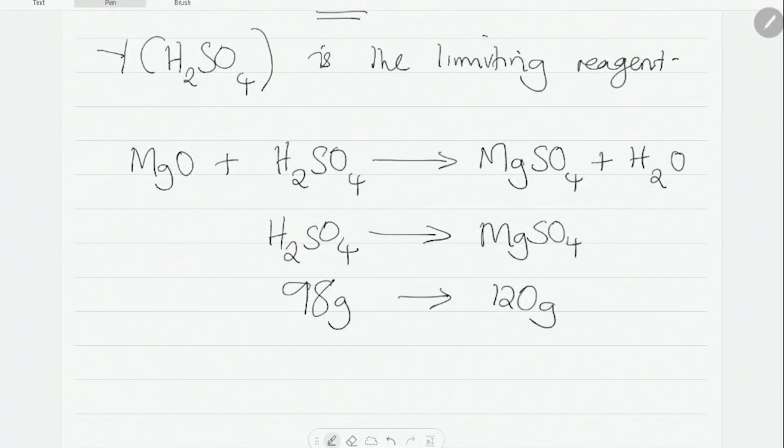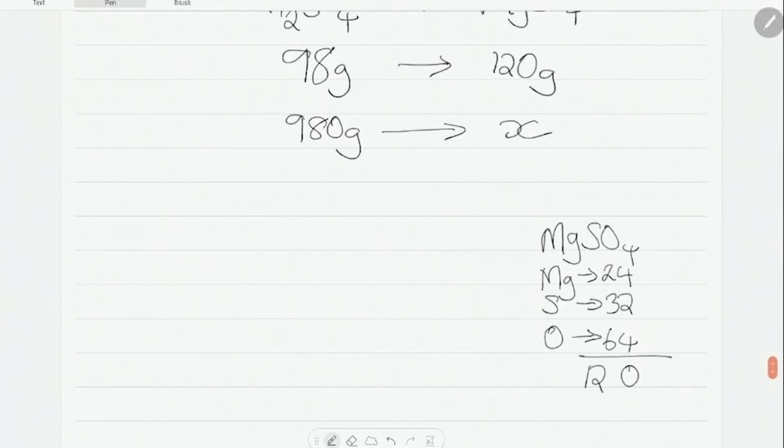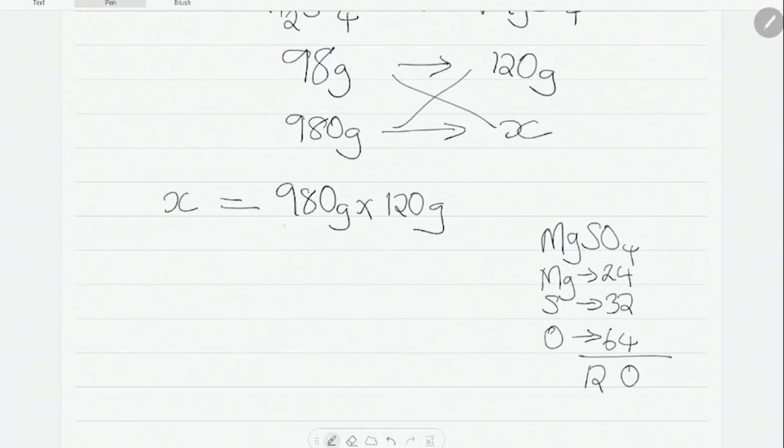It was 980 grams. This is going to give us what? X. Then we make X the subject of the formula. So X is equal to 980 grams multiplied by 120 grams divided by 98 grams.